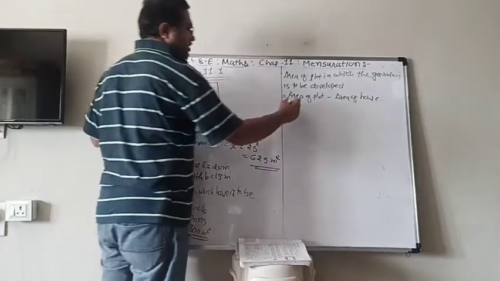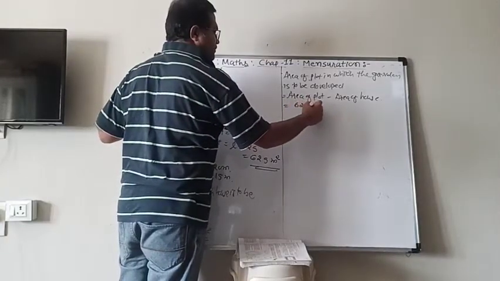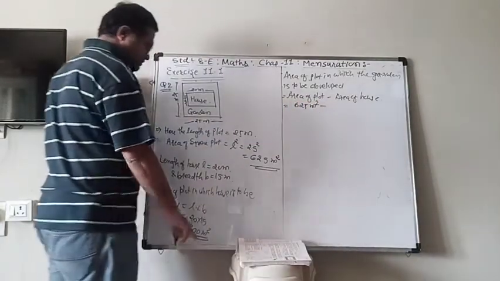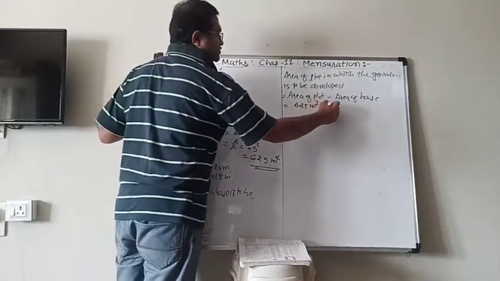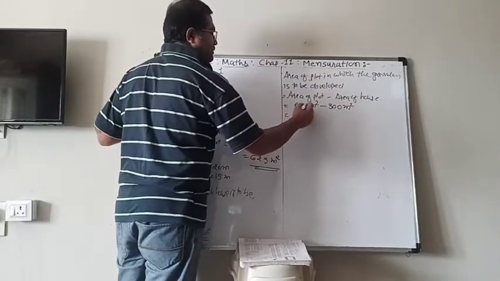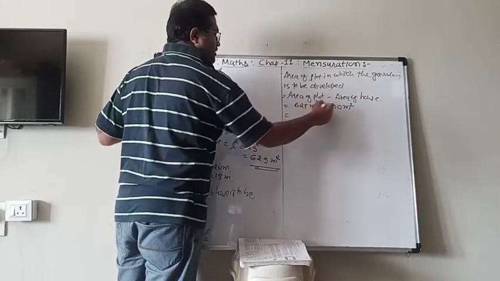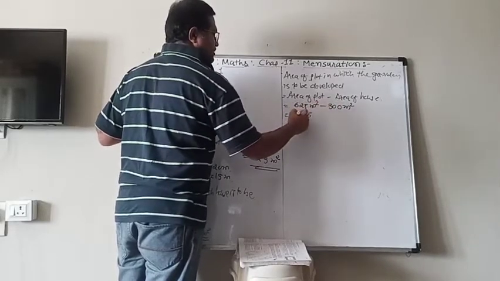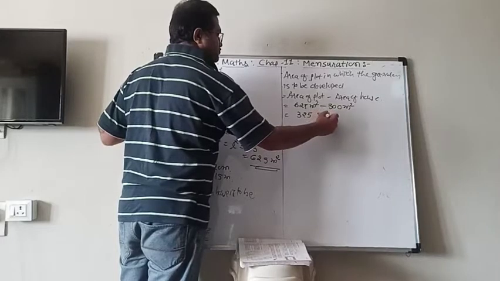So that is 625 meters square minus 300 meters square. So that will be 5 minus 0, 5; 2 minus 0, 2; 6 minus 3, 3. So 325 meters square.